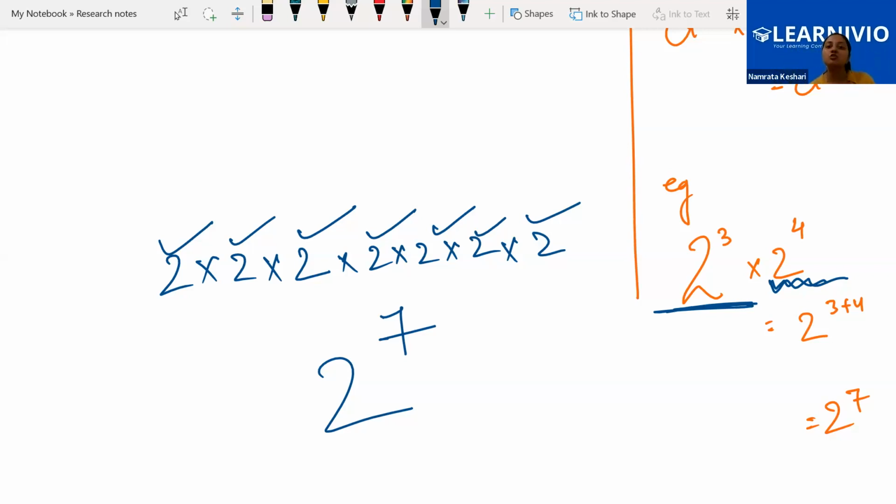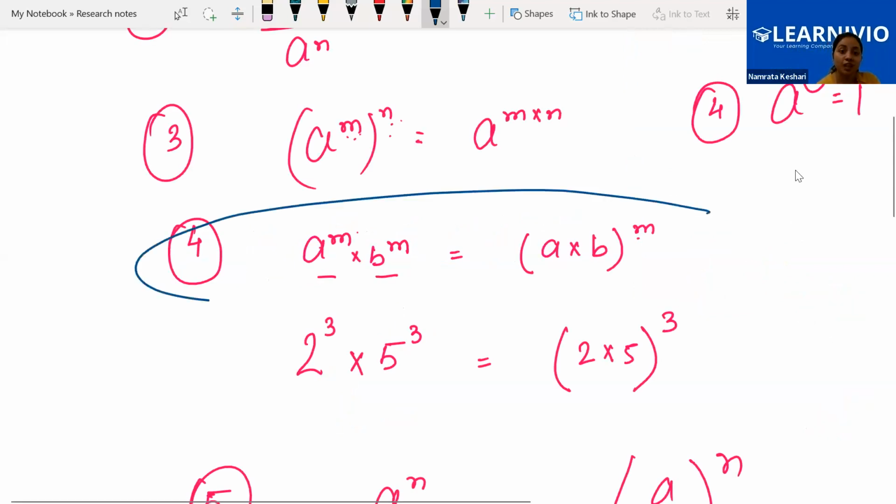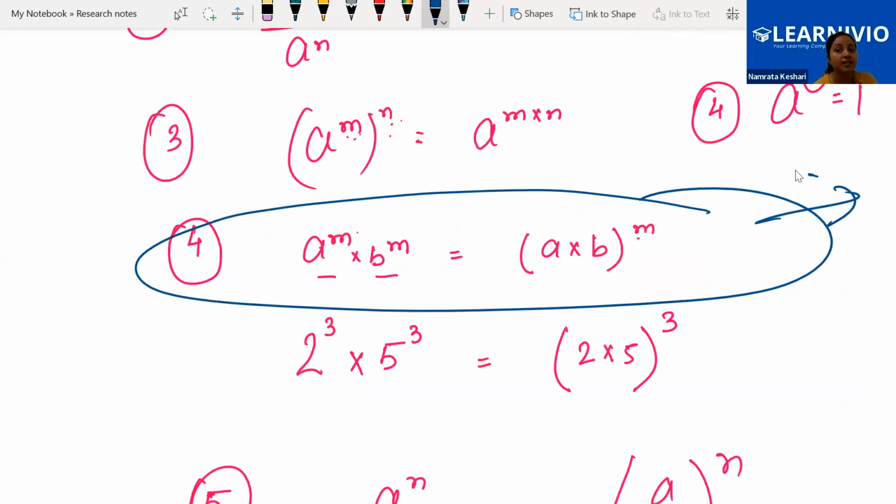Then what is the last rule which I have written on the screen? Here I am saying the exponent is same. And in our question, the base is same, exponent is same. You see carefully, when the exponent m and m is there, then we are taking it out common. When we are writing the exponent as a common exponent, that we can do over here, because here the base is not same, here the exponent is same.